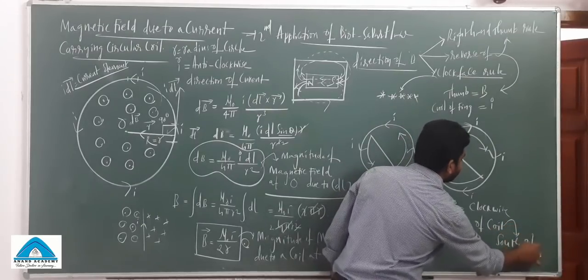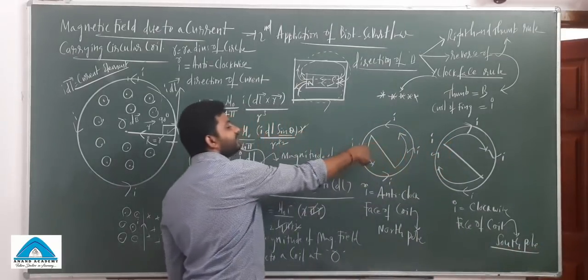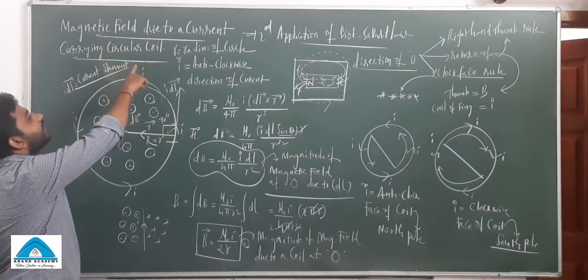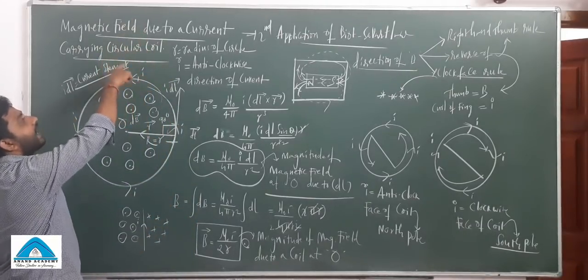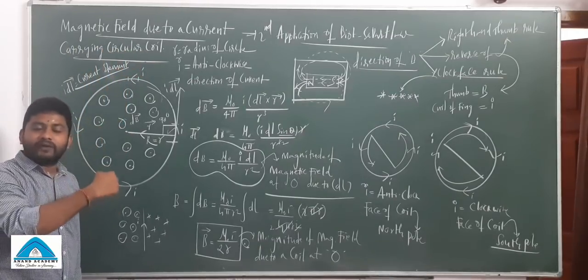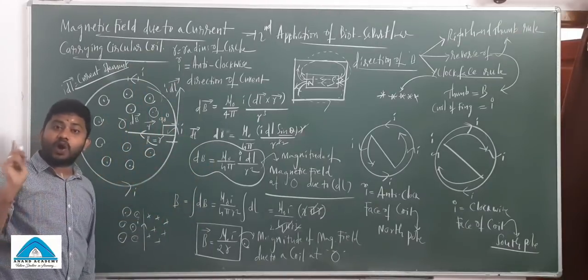South pole means the field lines are moving into the plane, and north pole means the field lines are moving out of the plane. So this is the magnetic field due to a current carrying circular coil at the center. We have discussed the magnitude first, then its direction also.